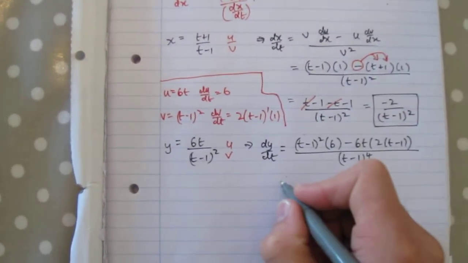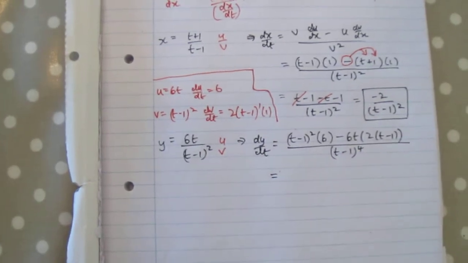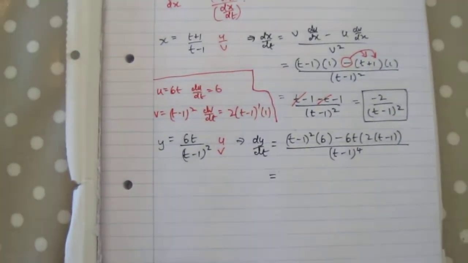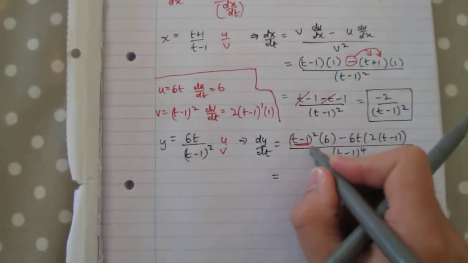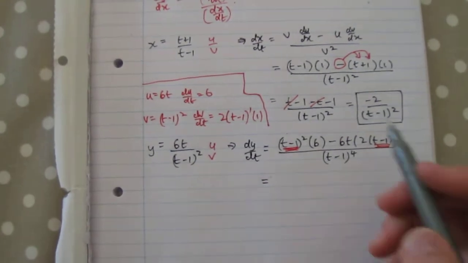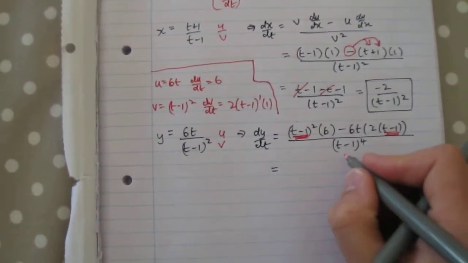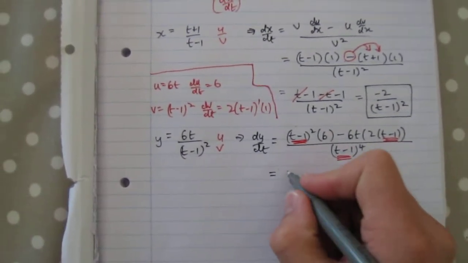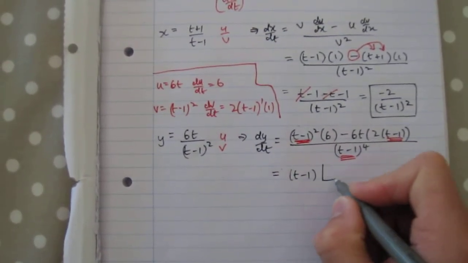Okay, now there's going to be a little shortcut here. You might spot that on the top line I have a (t minus 1) in here and I have a (t minus 1) in here. I also have a (t minus 1) on the bottom. So what I'm going to do, which will make life a little bit easier, is factor out that (t minus 1) from the top line.